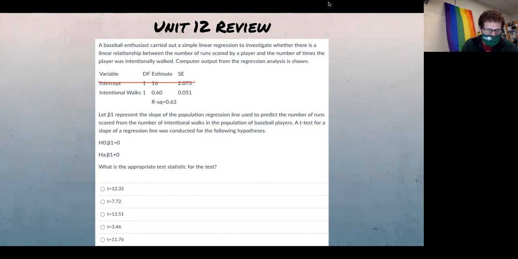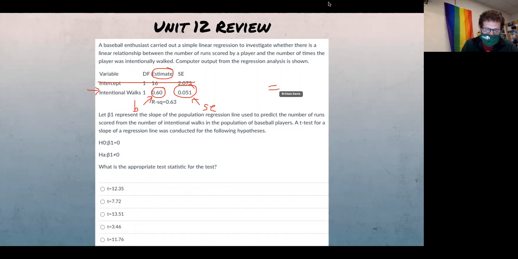So we're interested in this line right here, and the estimate right here is B, which is our sample slope, and this is the standard error for our calculation.